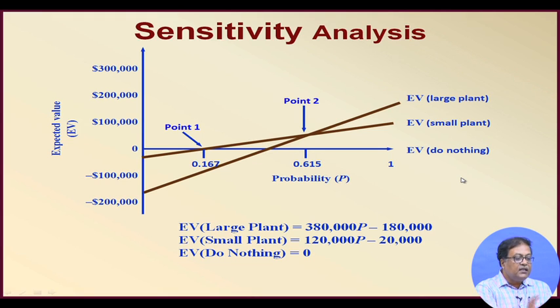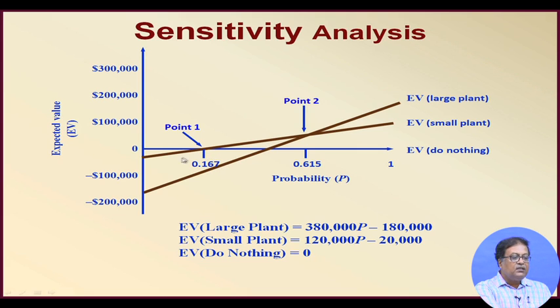So, what is the significance of this particular graph? You see what happens if the probability P equals 0. You expect the small plant to be better, with only minus 20,000 as its payoff, and it will break even when the probability is 0.167.